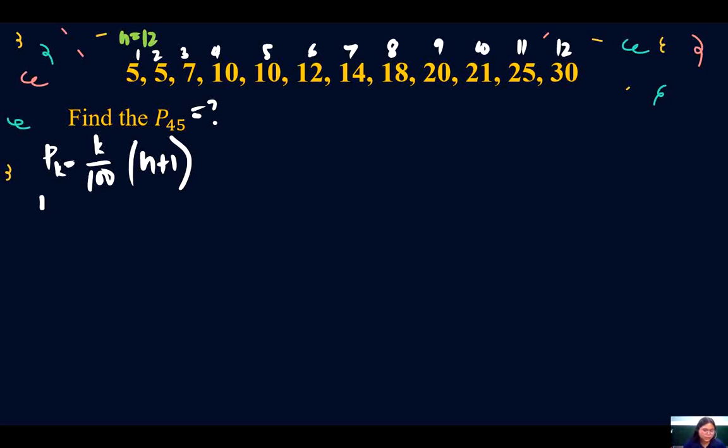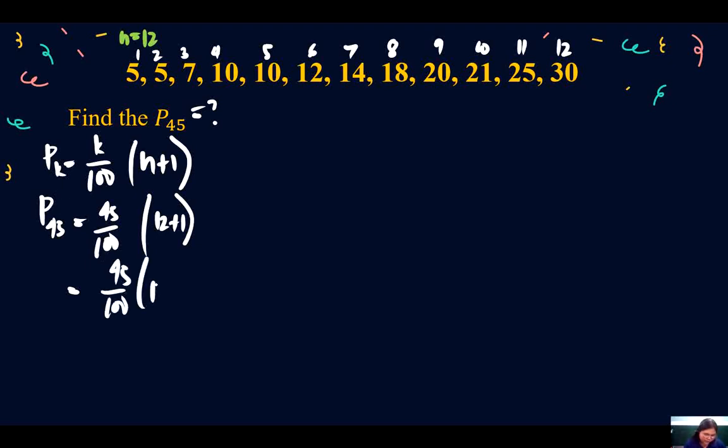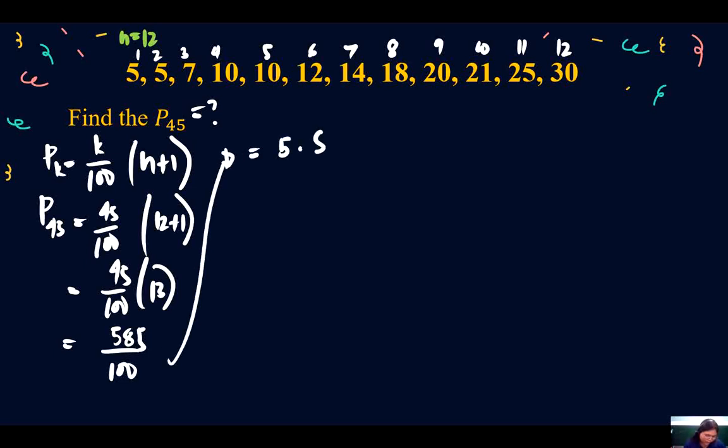Okay, so P, our k as position, is 45. So 45 divided by 100, or over 100. Our n is 12 plus 1. So 45 over 100 times 13, which is equal to 585 all over 100, which is equal to 5.85.